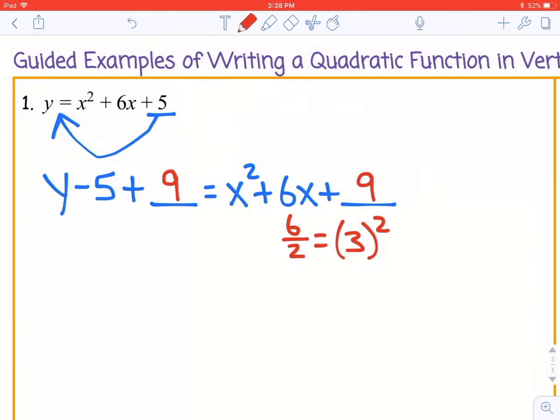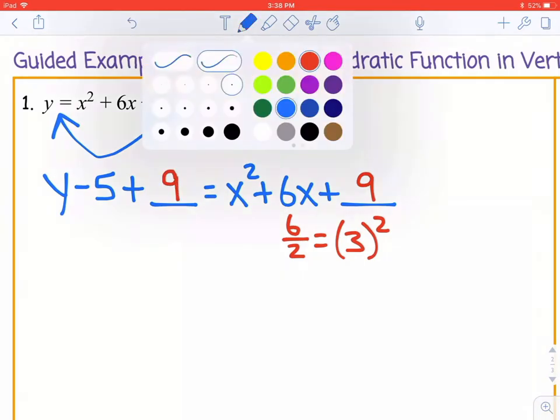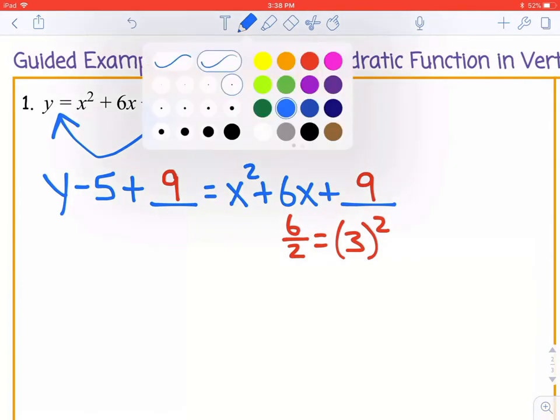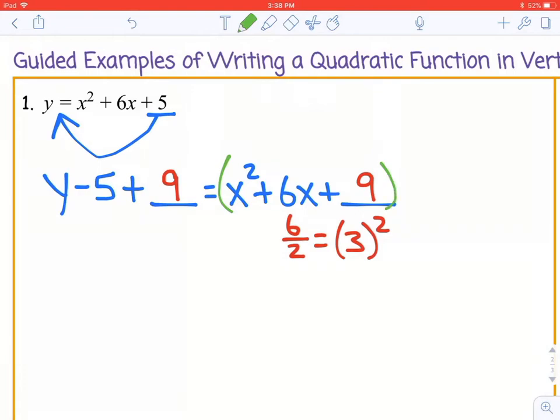If I add 9 to one side, I need to add 9 to the other side. And then we take our trinomial, so x squared plus 6x plus 9 is equivalent to x plus 3, x plus 3 for its factors. Because we have made this a perfect square trinomial, we know it's going to factor into the same factor.